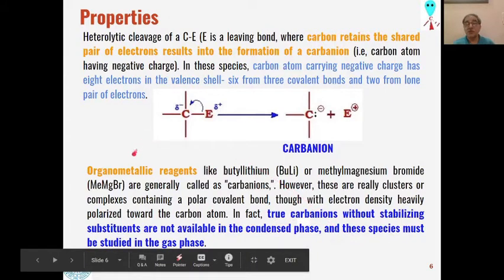Although these are considered carbanions, true carbanions are not stabilized in the condensed phase, but they can be studied in the gas phase.